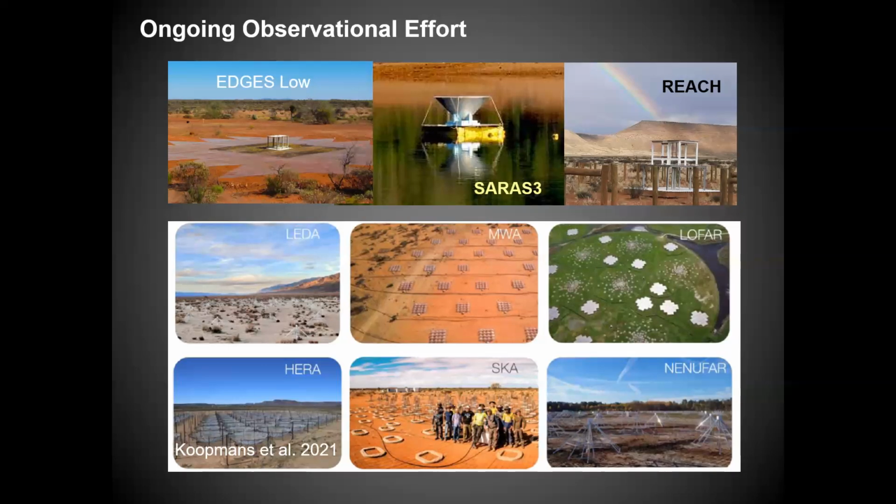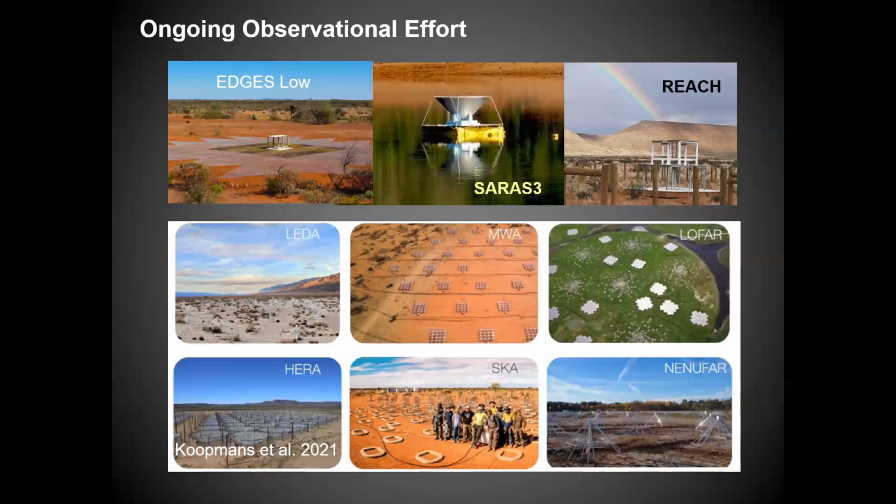Another class of telescopes are called interferometers, and these are basically arrays of radio antennas. So, for example, the Square Kilometre Array is being designed. That's a snapshot picture in Australia. But there is also HERA that is composed of huge dishes that are sensitive to radio waves. There is NenuFAR in France and LOFAR in the Netherlands.